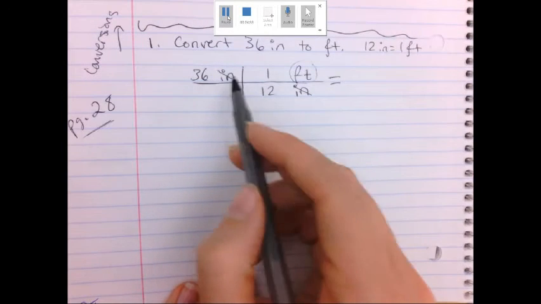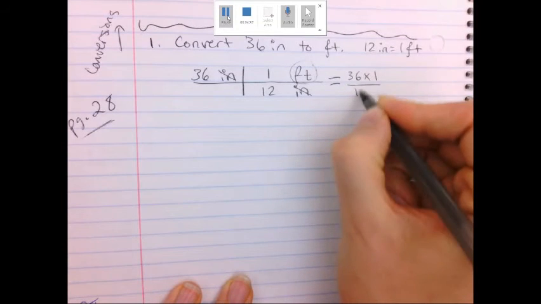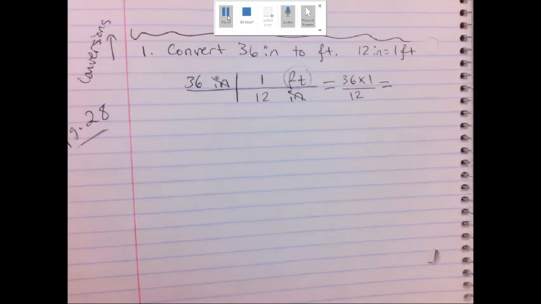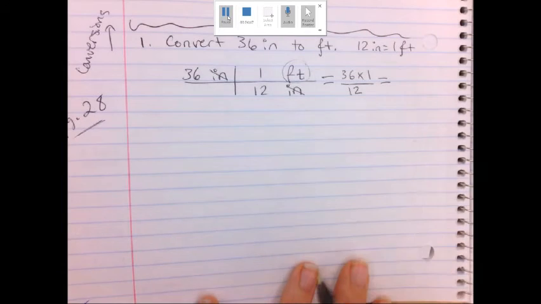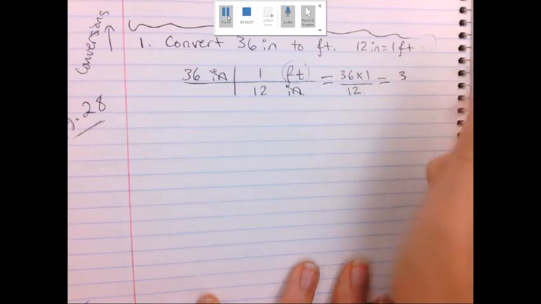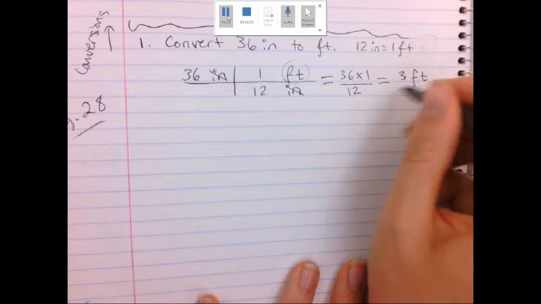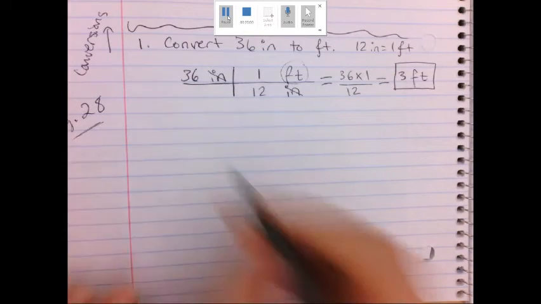So we know we're going to have 36 times 1 divided by 12. Feel free to use your calculator as necessary, but you're going to do 36 times 1, which keeps it as 1. 36 divided by 12 gives us 3, and then we notice that our feet were the last units there, and that's what we wanted. So we put that in there and then box in our answer.